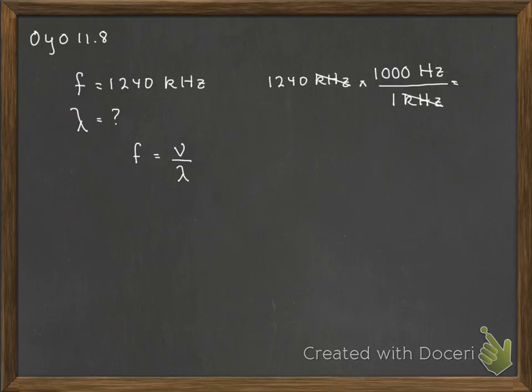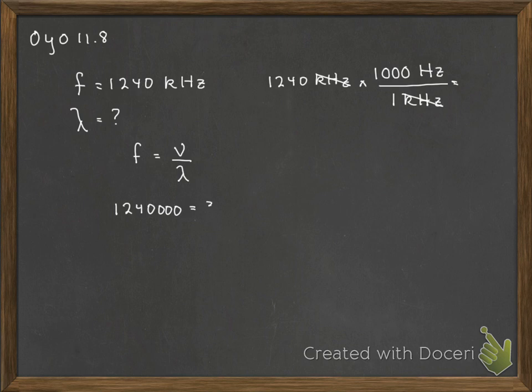So what we've got is 1240, and we're going to throw 3 extra zeros on the end of that. We've got our 1240, and we're throwing the 3 extra zeros on the back.